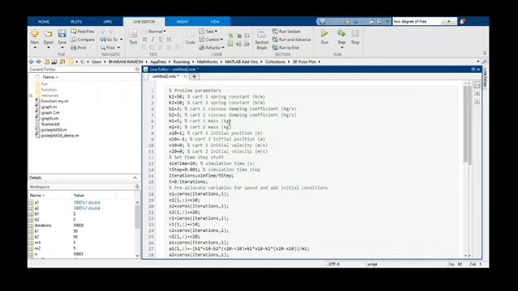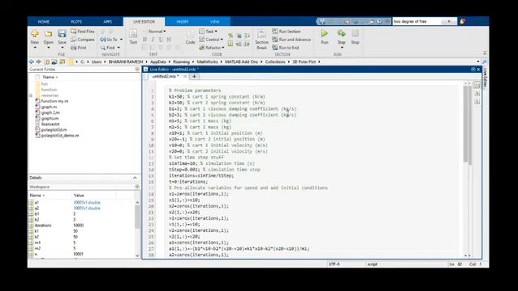In this code, first I define all the constants with values, that is the problem parameters. K1 is equal to 50, K2 is equal to 50, B1 is 3 and B2 is 3, the viscous damping coefficients in kilogram per second, M1 is equal to 5 kilogram, and M2 is equal to 5 kilogram.